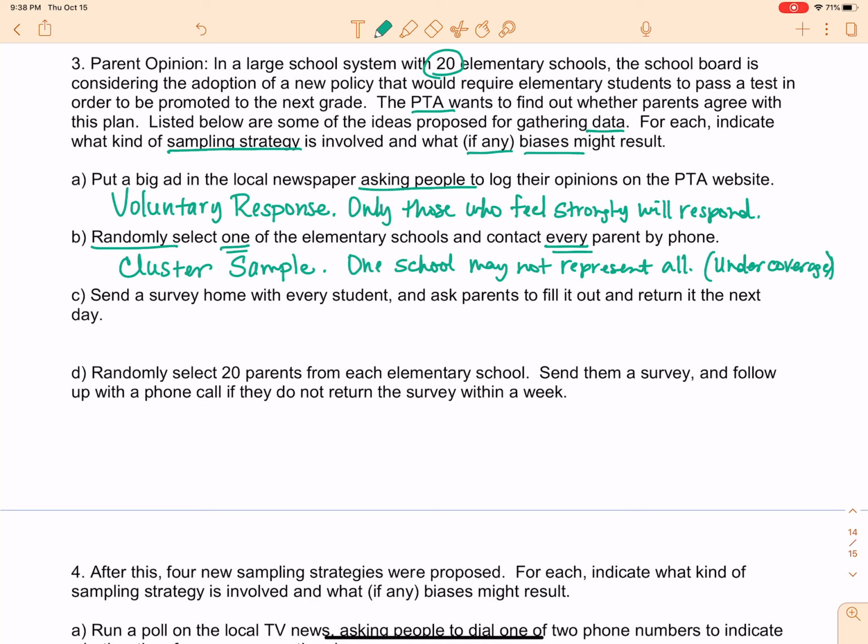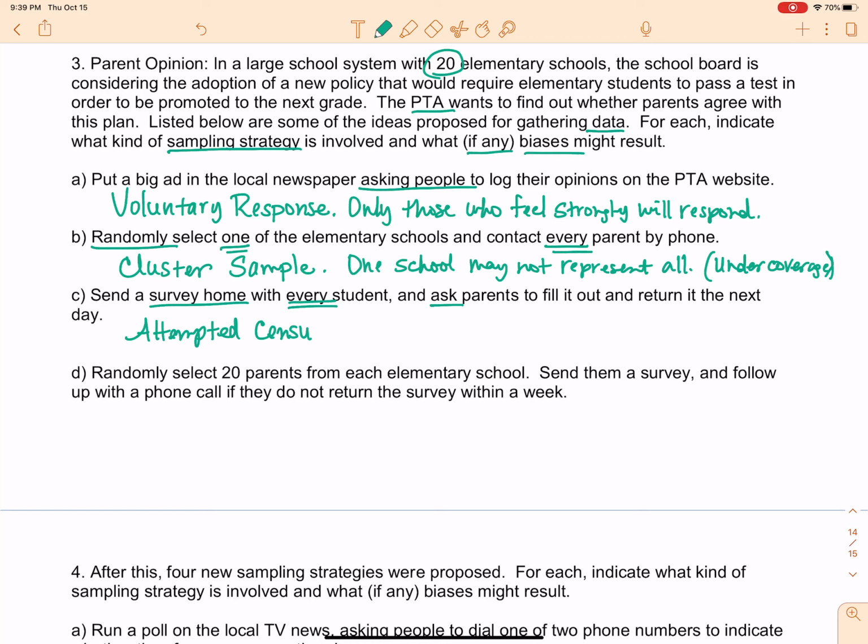All right, so part C, we send a survey home with every single student and ask the parents to fill it out and return it the next day. Well, this is an attempted census. And I know we didn't talk about a census being a sample, but a census is a type of sampling.